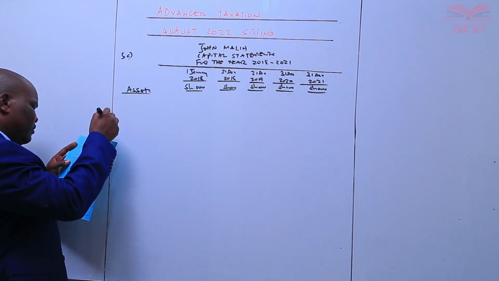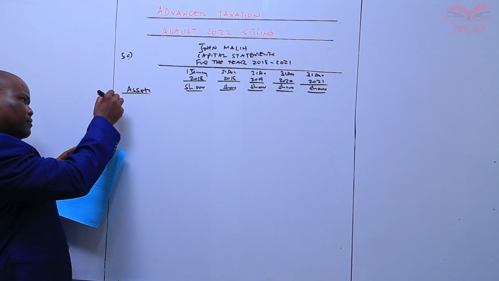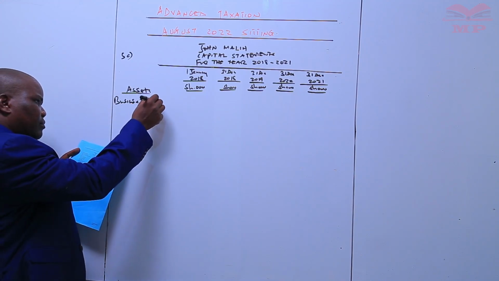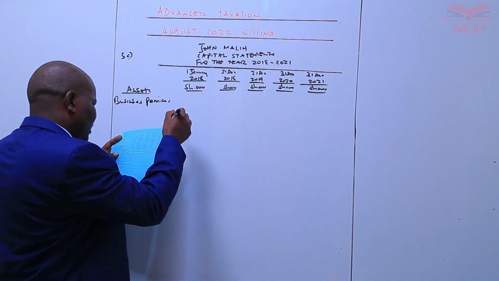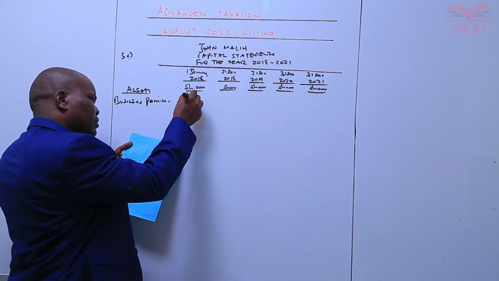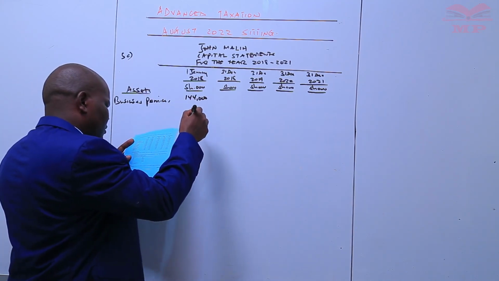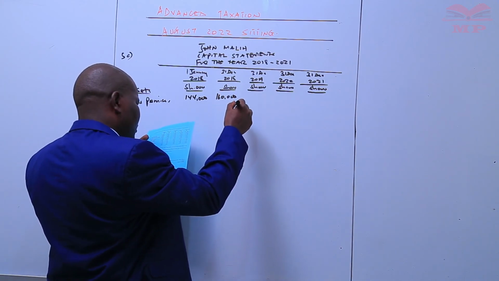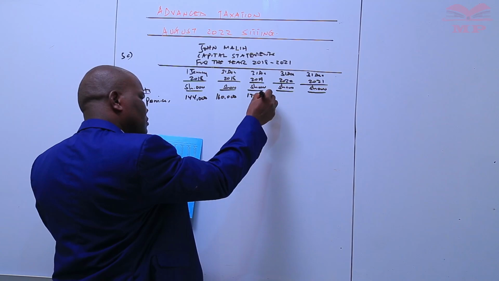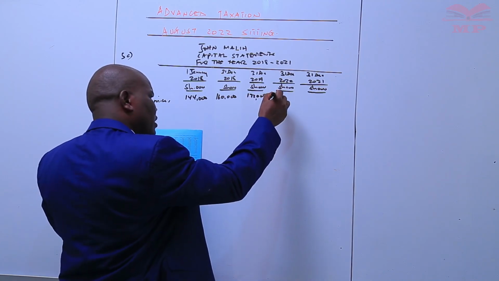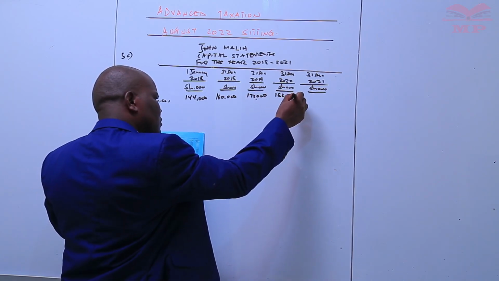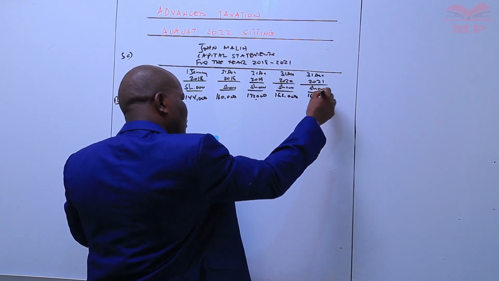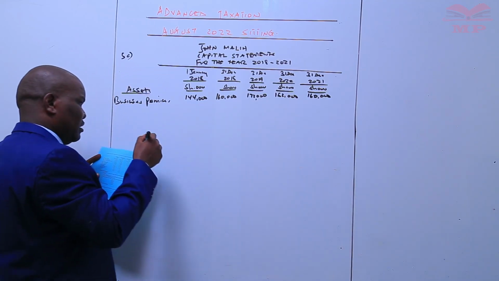So when we have business premises, that is an asset. Business premises 2018 January 144 million, 160, 172, 152, and 160 million. 2, we have plant and machinery.